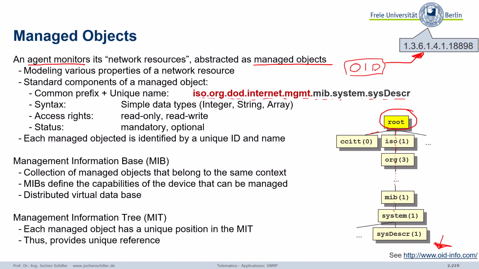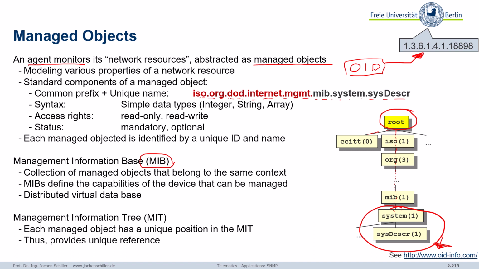Okay, management information base. Is this one huge database? No. So the machine stores only a part of the tree. So maybe only some parts down here. And all the different machines have only their parts.